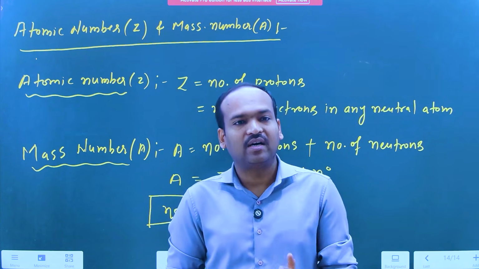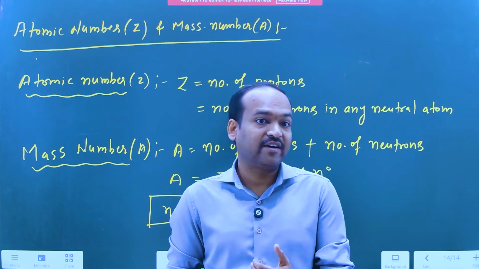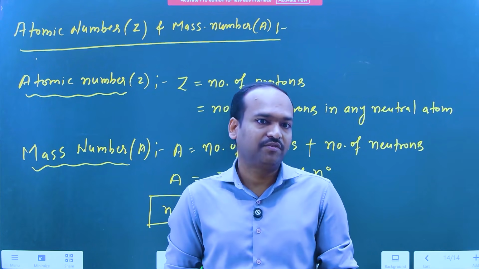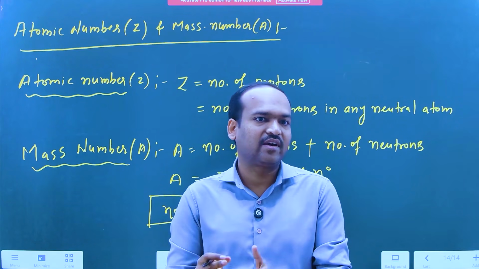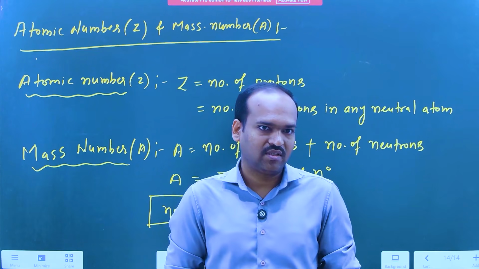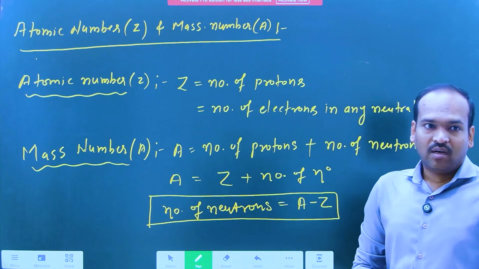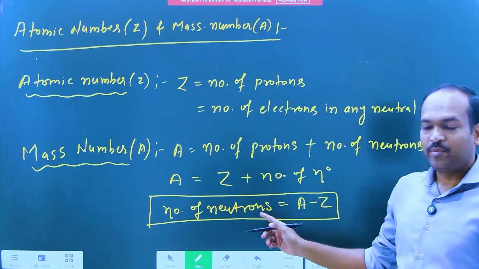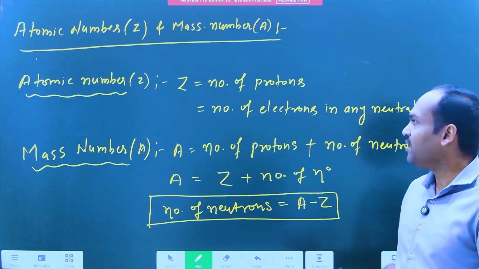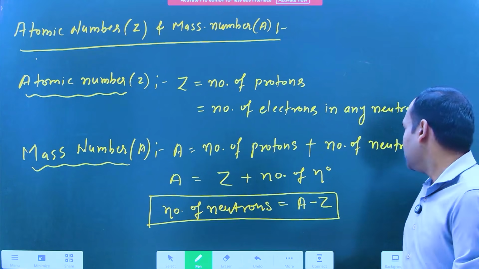But atomic mass is the weighted average of the isotopes of the given element, which occur in nature. So this is clear. Number of neutrons is A minus Z.